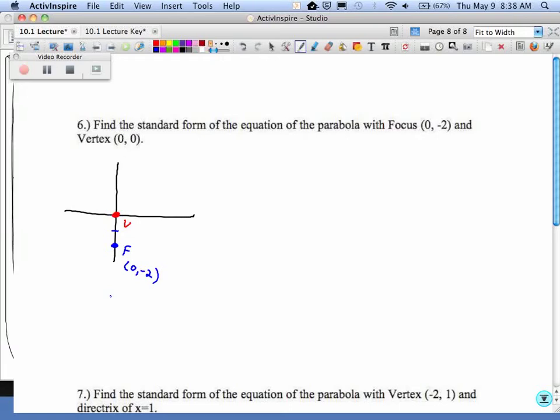It opens down because it'll wrap around that focus every time. So once you know that it's opening down, I want you to write down the y.